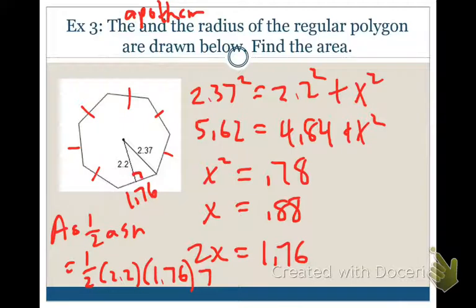What do you get for your answer? What do you get, Jacob? 13.55. We'll go with that. 13.55 units squared.